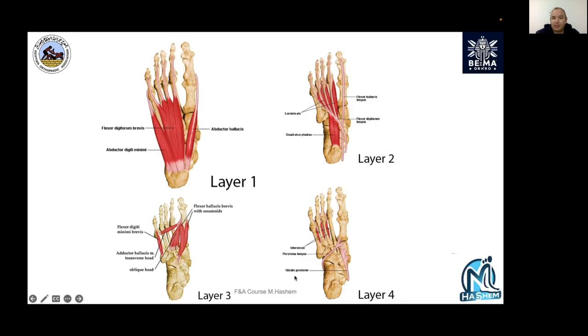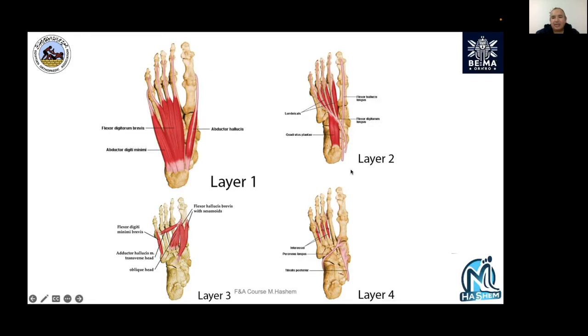So 4 layers of the foot. First and third layers have short muscles. Second and fourth layers have long tendons. Layer number 1: abductor hallucis, abductor digiti minimi, flexor digitorum brevis, and remember abductor is relative to the central axis of the foot, not the central axis of the body. Number 3 has flexor hallucis brevis, flexor digiti minimi brevis, and adductor hallucis.